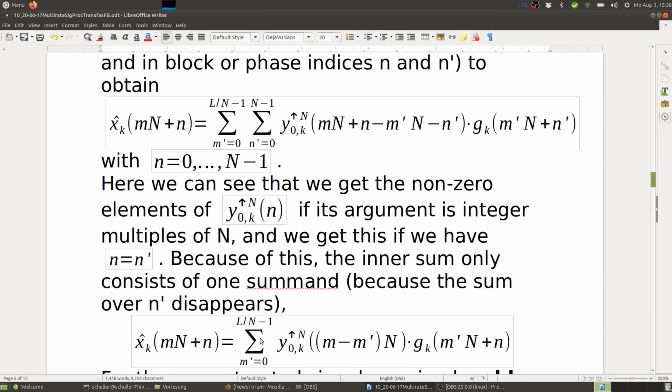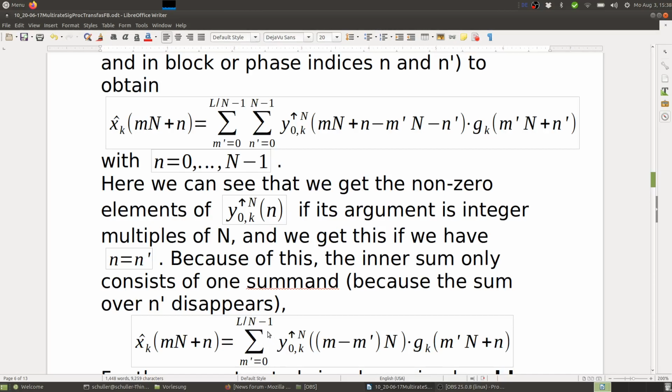And then we have a simplified expression, right? And also this inner sum disappears because n prime is set equal to n. There's only one of those summands left, so that's why this inner sum disappeared. So that made this expression now much easier.